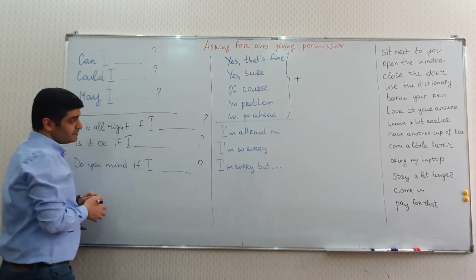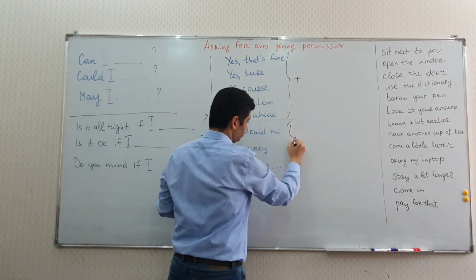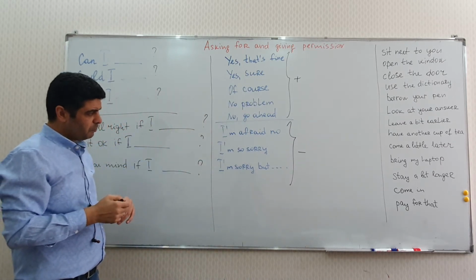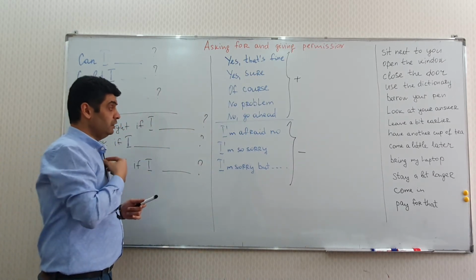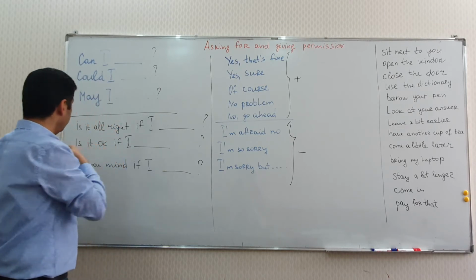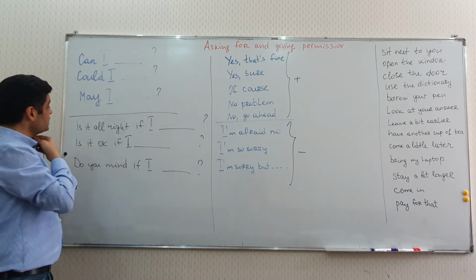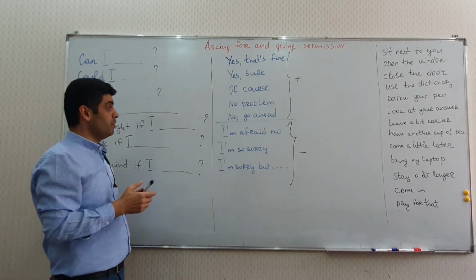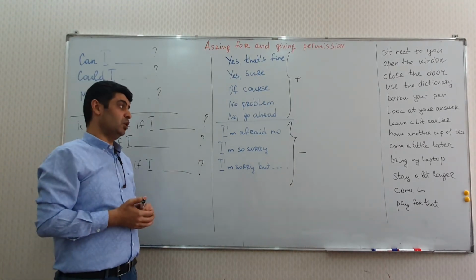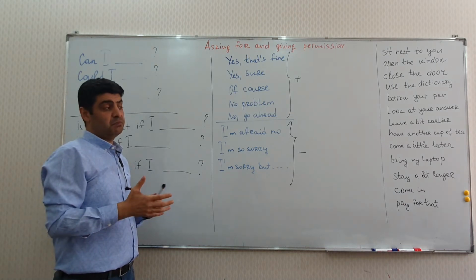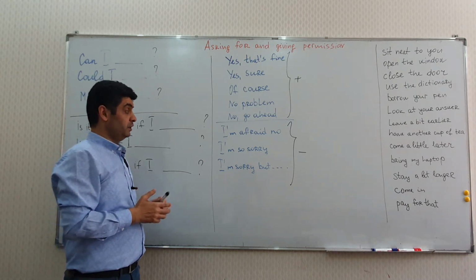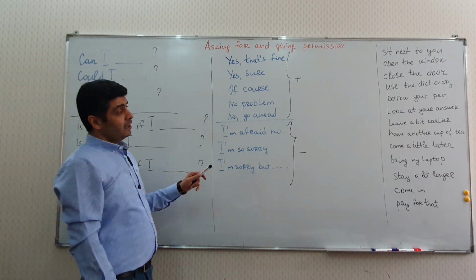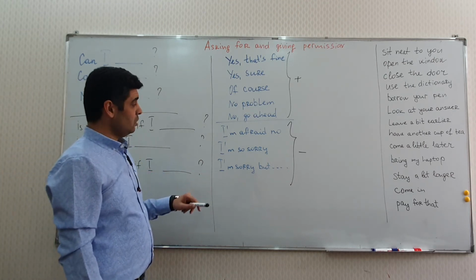But if your answers are negative, you probably will use these ones. Let's try again. Is it all right if I open the door? I'm afraid not. So you don't want somebody to open the door. Or is it okay if I leave a bit earlier?